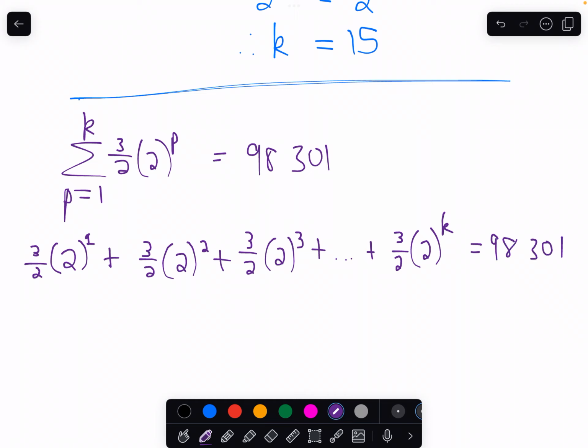Okay, then the next thing you'd ask yourself is, first you could simplify each term, right? You could definitely do that.